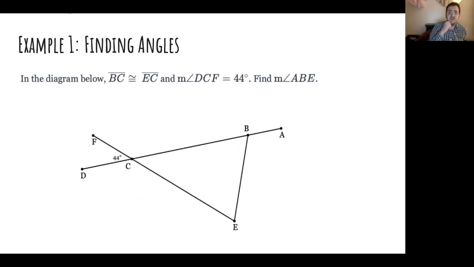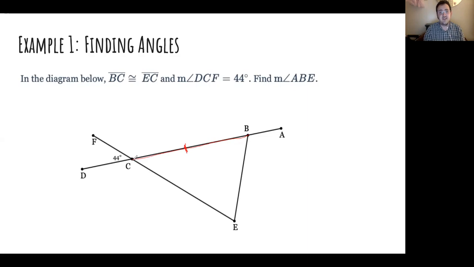All right, let's look at some example problems. So this is finding angles without the justification. So it says in the diagram below, BC is congruent to EC. So I'm just going to mark BC. And I like just doing connected dots.